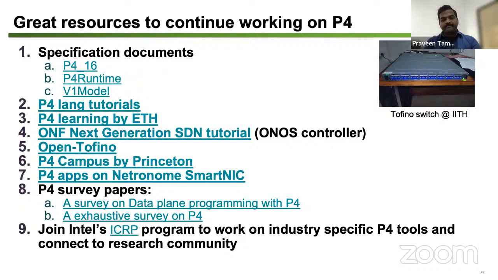Oh, so something like CoDel or AQM is not within the scope of P4, like P4 Runtime? Yes, they're not, at least from the vendor side, but there is some research work that approximates the scheduling behavior in the match action pipeline.